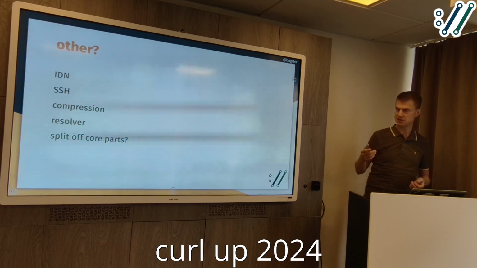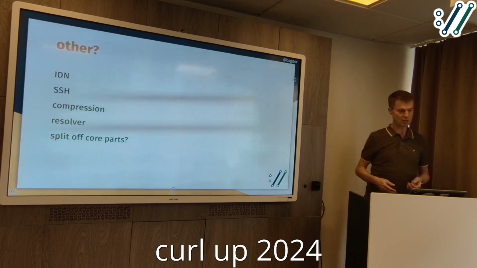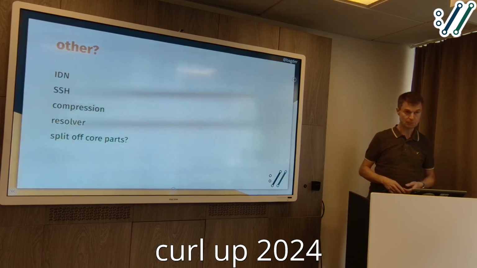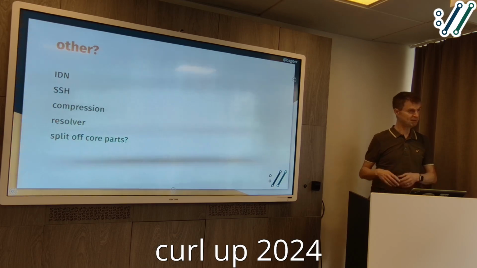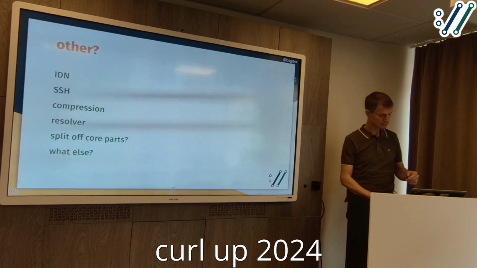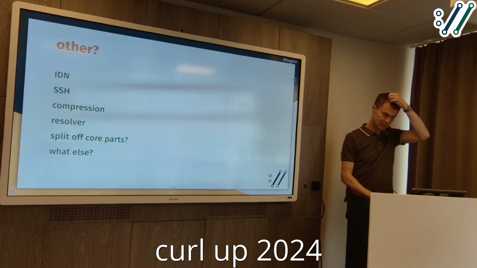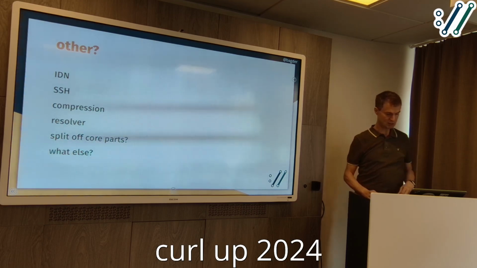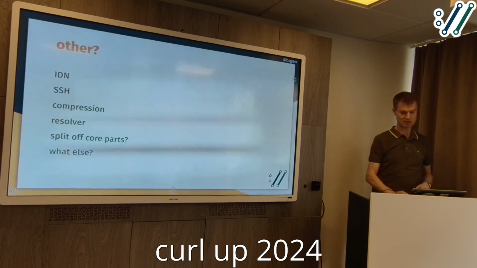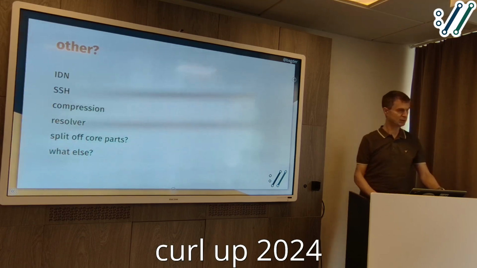I don't see any of this as a viable reality or option right now, even though it could be there if people actually want it. So that's what I wanted to say about Rust in curl. There's not a lot of Rust in curl, and I don't see much Rust in curl happening going forward either.